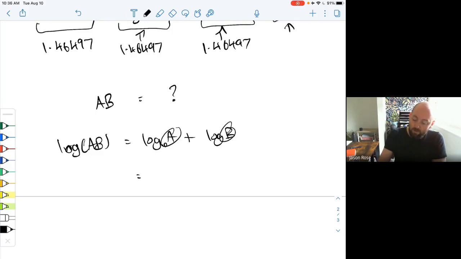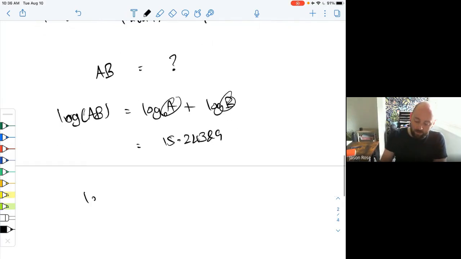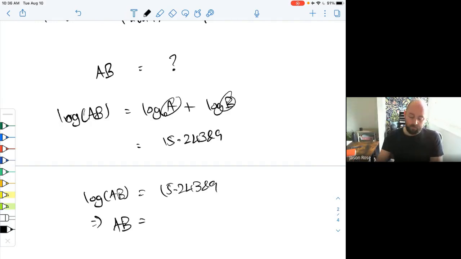So you can say, oh, when I add this, I get 15.24389. Well, so now I have that log of AB is equal to 15.24389. That means that AB is equal to, where are we going here? 10 to the power of 15.24.